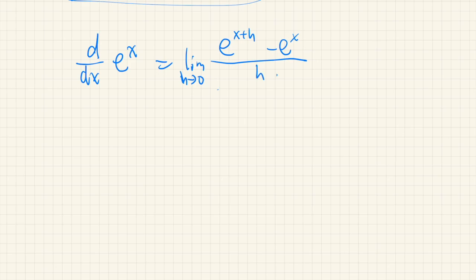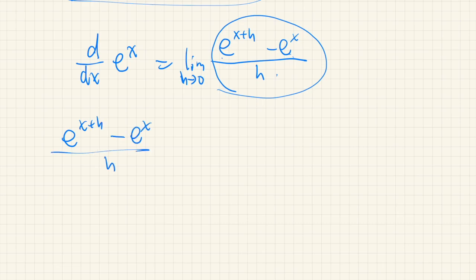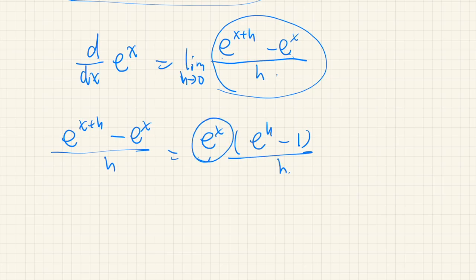Now, let's find the limit of this. This is an exponential function, so we can factorize the e to the power of x part. Factorizing, we have e to the power of h minus 1 over h, and e to the power of x is just a constant as far as h is concerned.